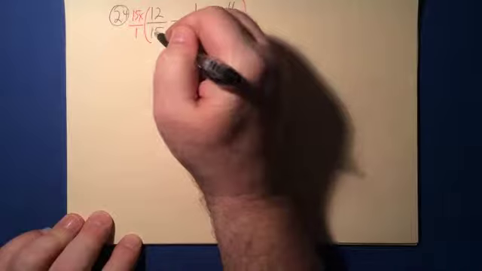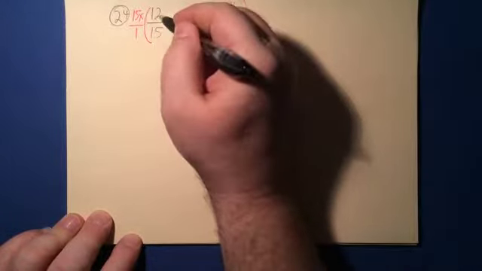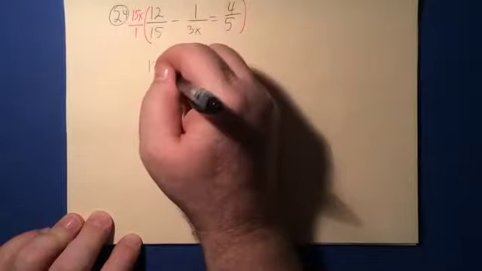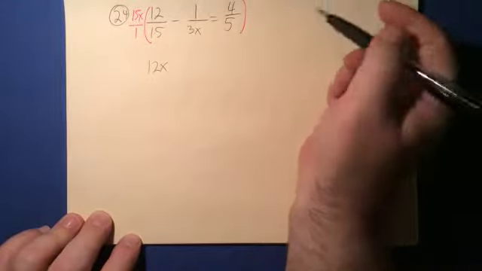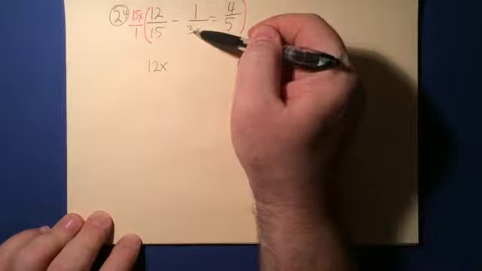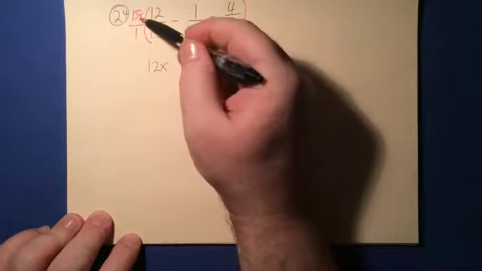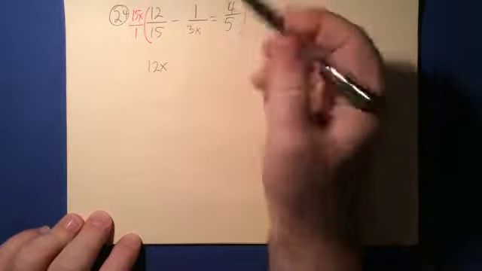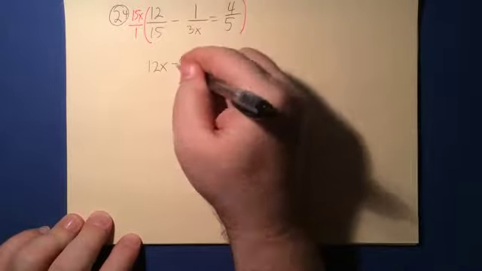Well, 15 divided by 15, that's 1. So the 15 will go away here. So it'll be x times 12, or 12x. If I take 15 divided by 3, that will be 5. So that's going to be 5x times the negative 1, or negative 5.